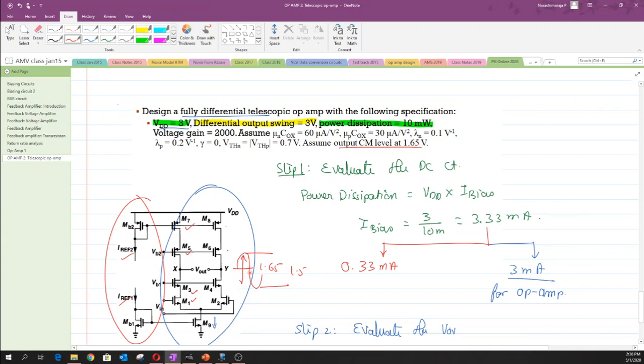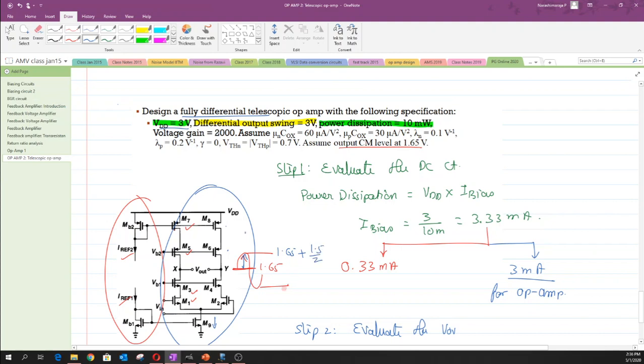So one could have this 1.65 as the mid value, and the total swing is happening around this mid value equally, which means that the magnitude of this top swing can be written as 1.65 plus this swing, which is half the value of this 1.5.